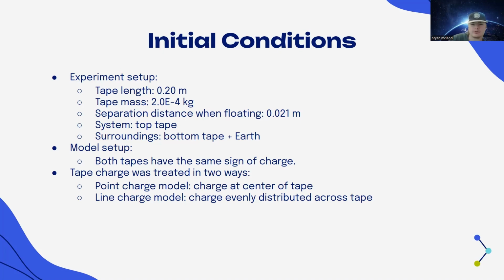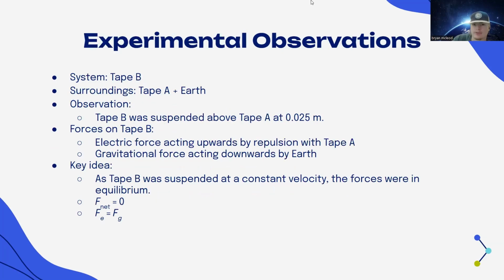Tape charge was treated in two ways: the point charge model, charged at the center of the tape, and the line charge model, charged evenly distributed across the tape. Experimental observations. The system is tape B, and the surroundings are tape A. Tape B was suspended above the table at approximately 0.025 meters.